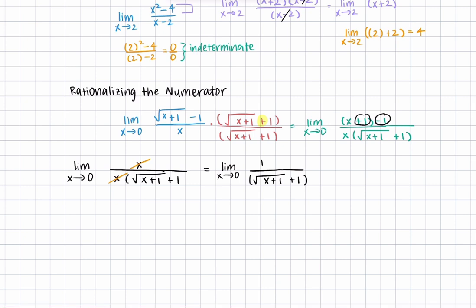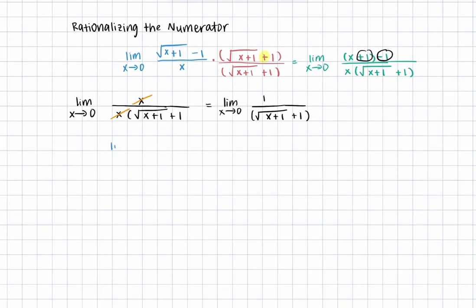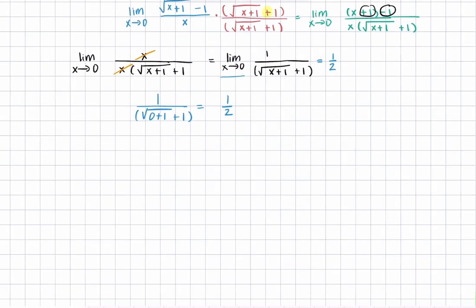Now I can substitute 0 in for x, and I get 1 over the square root of 0 plus 1 plus 1. This gives me 1 plus 1, so 1 over 2. So the limit as x approaches 0 for the function equals 1 over 2. And that's how you would evaluate the limit using rationalizing the numerator.